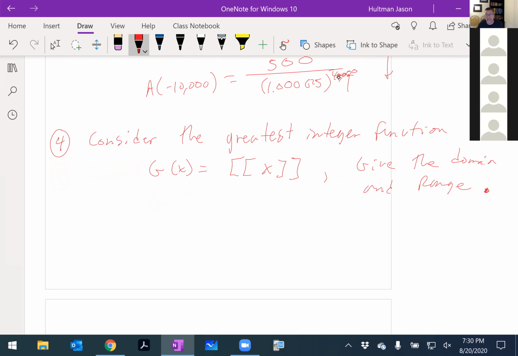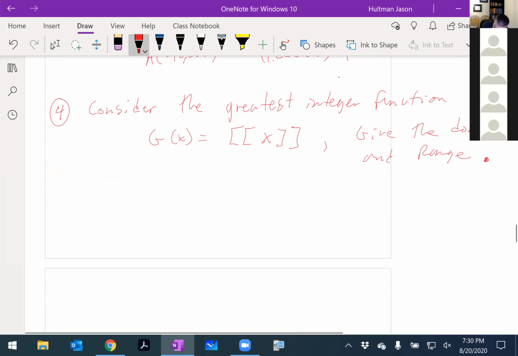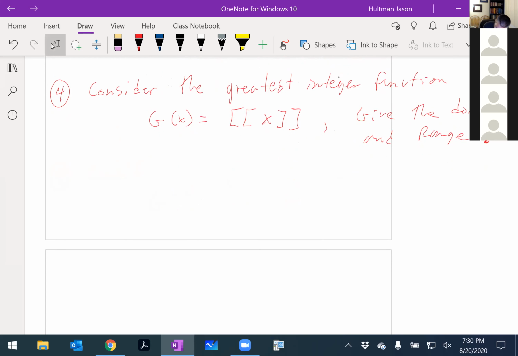So what's the greatest integer function? Here's how it works. It says that for any value that you can think of, give me the greatest integer of that value. For example, let's let x be 1.5.